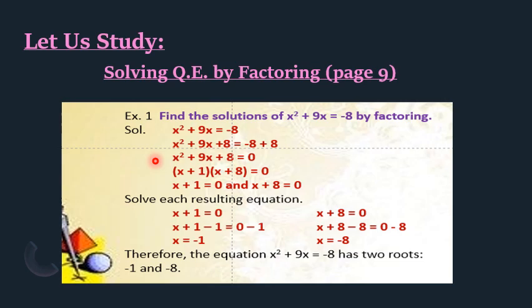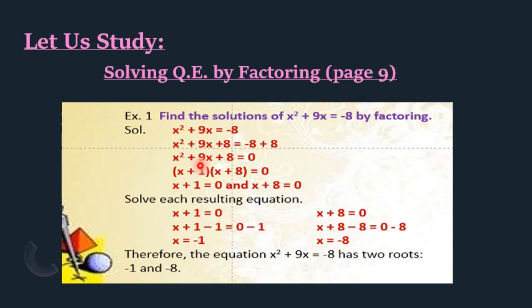Unsaon pag-factor? Take note ani ha. This one is 9. This one is 8. Mangita ta og duha ka number nga kung i-multiply nato siya, mahimo siyang 8. At the same time, kung i-add nato ang duha ka number, mahimo siya og 9.